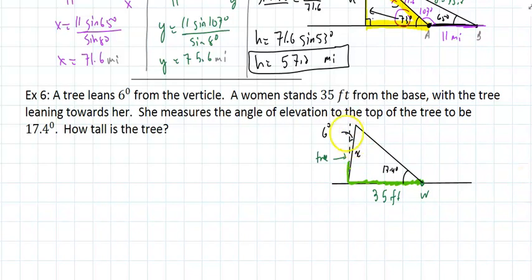Well, if this is 6 degrees, can't I figure out what this angle is? Right? If it was standing up, that's 90 degrees. Wouldn't you say this is 90 degrees minus 6 degrees? This is 84 degrees. And if this is 84 degrees, then this is 180 minus 84 degrees minus 17.4 degrees.